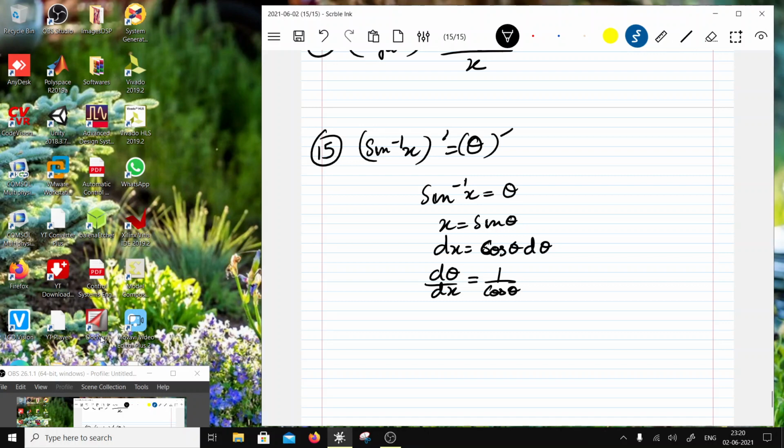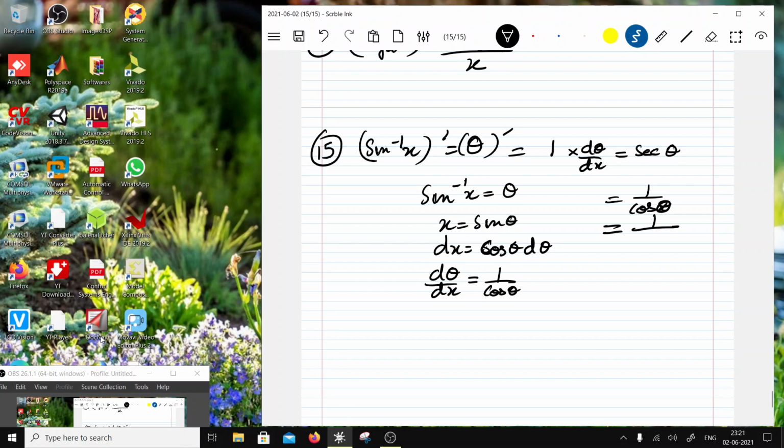So derivative d theta by dx will be equal to sec theta. Am I right? Sec theta, so 1 over cos theta then. Okay, so this can be represented as, so sine theta is x.